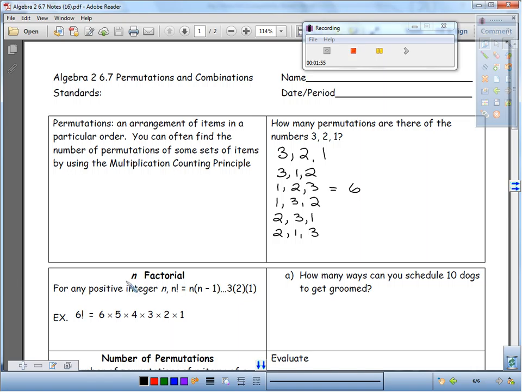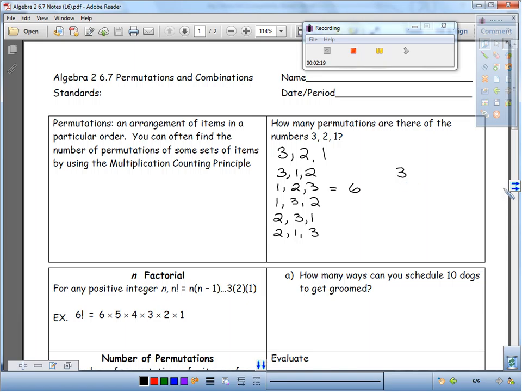But what if I had a lot more, like 4 or 5 or 6 or 7? Would I want to be arranging them in various orders forever? So the multiplication counting principle is that the very first time I'm choosing a number, I'm choosing from 3.